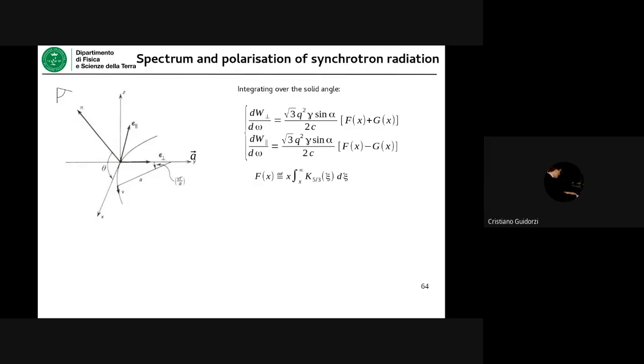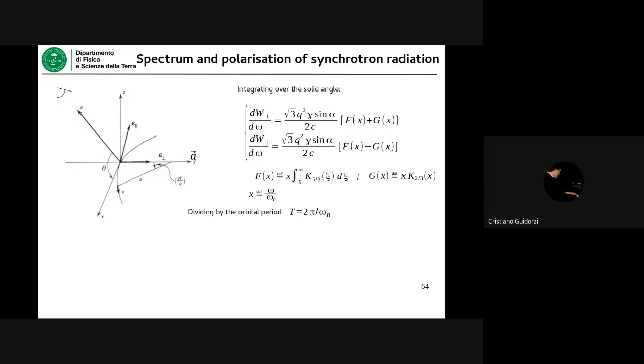Remember this capital F, which describes the total spectrum, no matter the polarization direction, as a function of the integral of this modified Bessel function. G is the new one. It's a slightly different definition. Here x, of course, is the frequency in units of critical frequency.